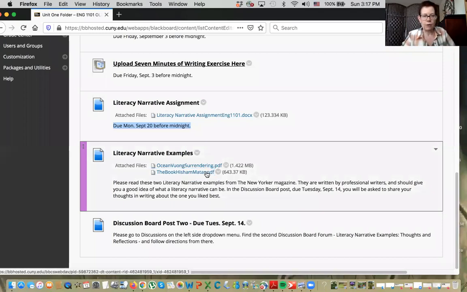All right. So you can see that they're very different. They have different focuses, and the idea here is writing about the process of, it's called a literacy narrative because it's writing about the process of becoming literate. And that is actually something that we never stop doing.